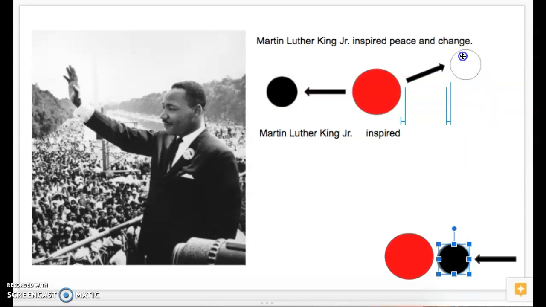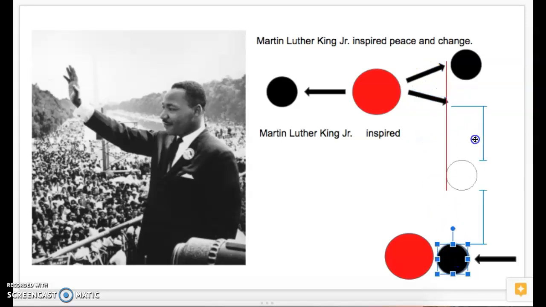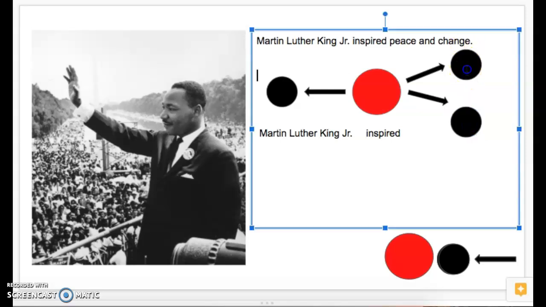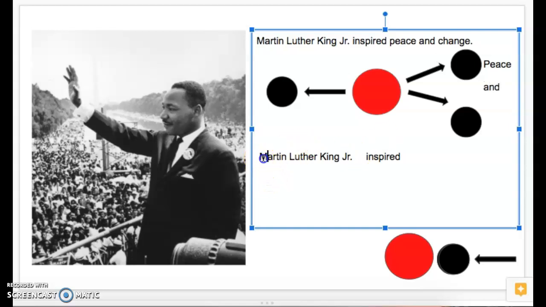So we'll make sure that we have two arrows and two black circles going the other direction. So we have our peace and change.